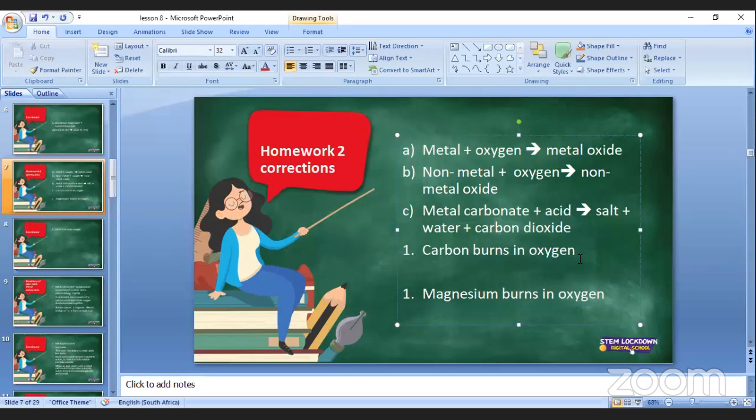So they say carbon burns in oxygen. If carbon burns in oxygen, it simply means there's a reaction between carbon and oxygen. Oxygen is a diatomic molecule. We represent it as O2. Then we're getting CO2, which is carbon dioxide.